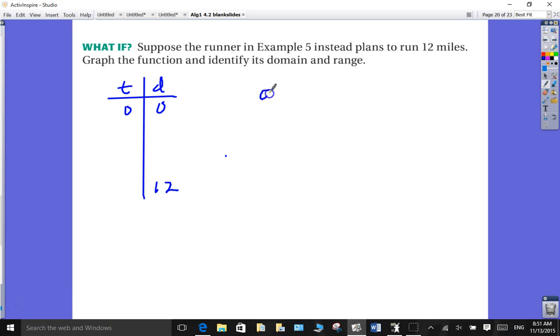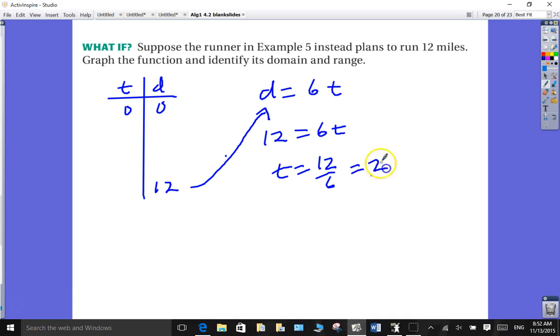If d equals 6t, how am I going to find the t that's associated with that? If d equals 12, how do I use this to solve for t? Plug in the 12 right there. 12 equals 6t. t equals 12 over 6, which is 2. So we could have added a point to our table of values that we already had.